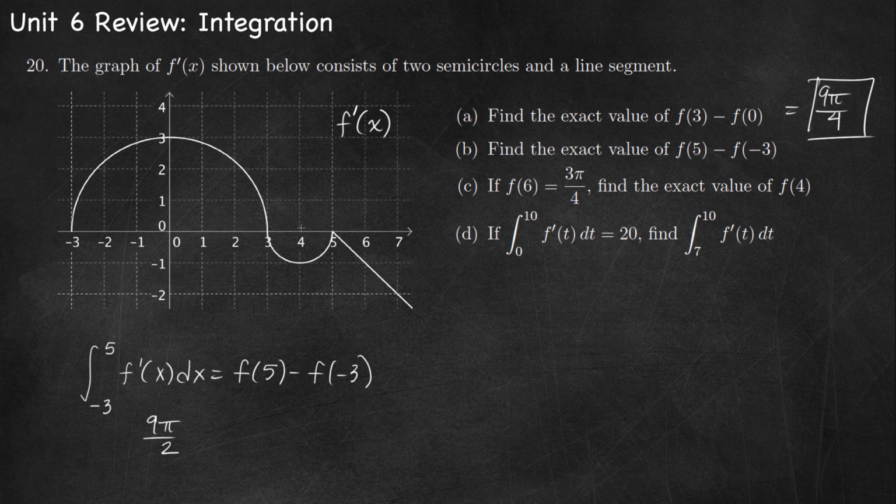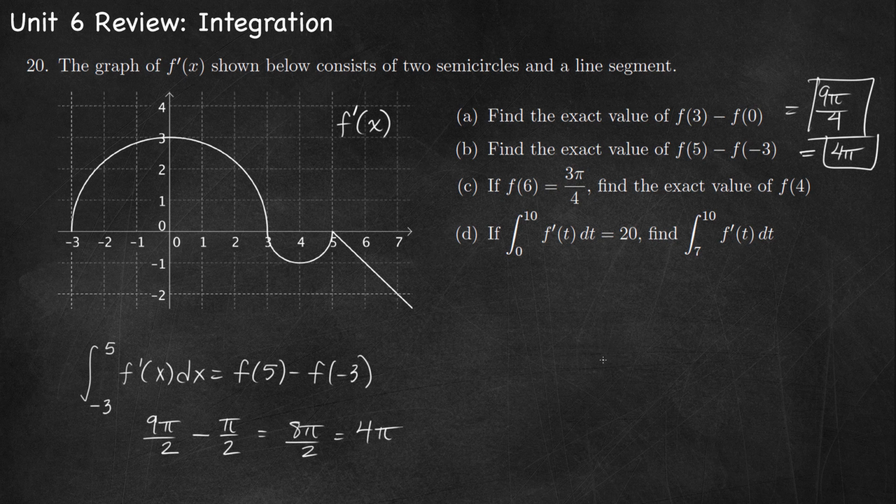This little circle has a radius of 1, so the entire circle has an area of pi. We want half of that, pi over 2, and it's negative. 9 pi over 2 minus pi over 2 is 8 pi over 2, which is 4 pi. So part B will be 4 pi.